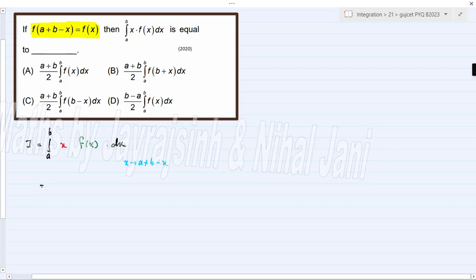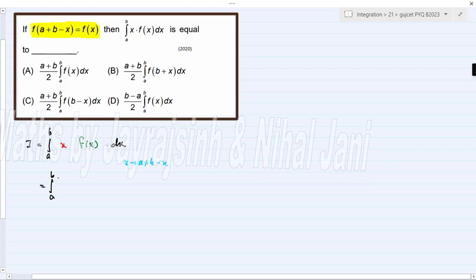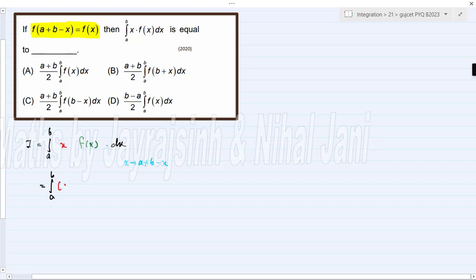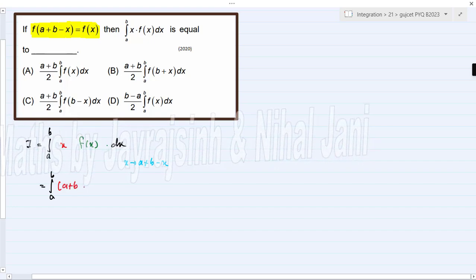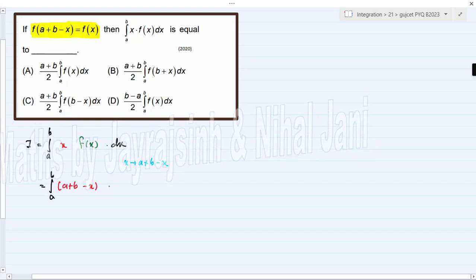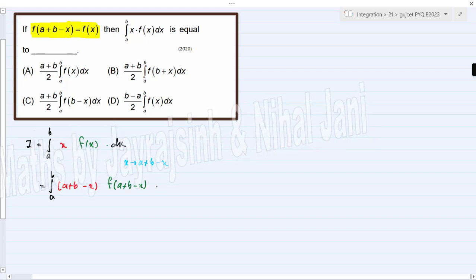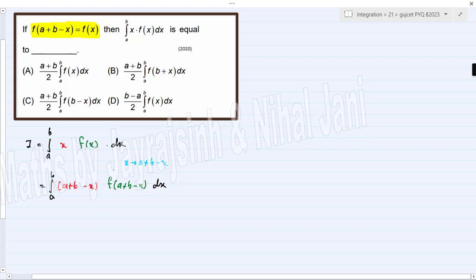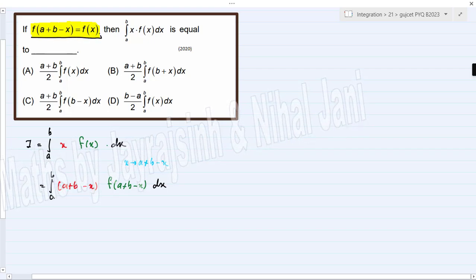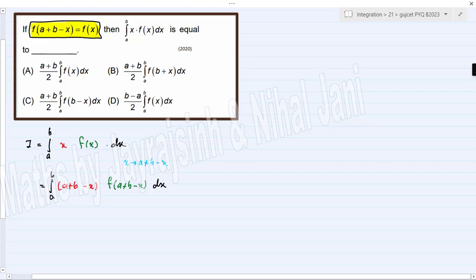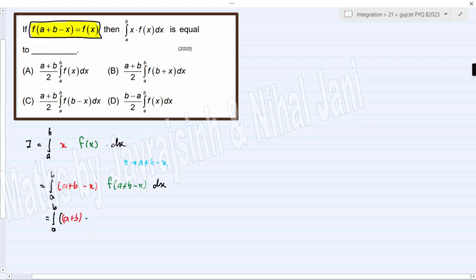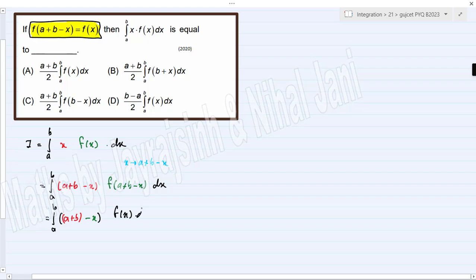So here we will get a to b, instead of x we have to write a plus b minus x, and f of a plus b minus x. Now it is already given that f of a plus b minus x is nothing but f of x. Let's use the condition and this will become f of x.